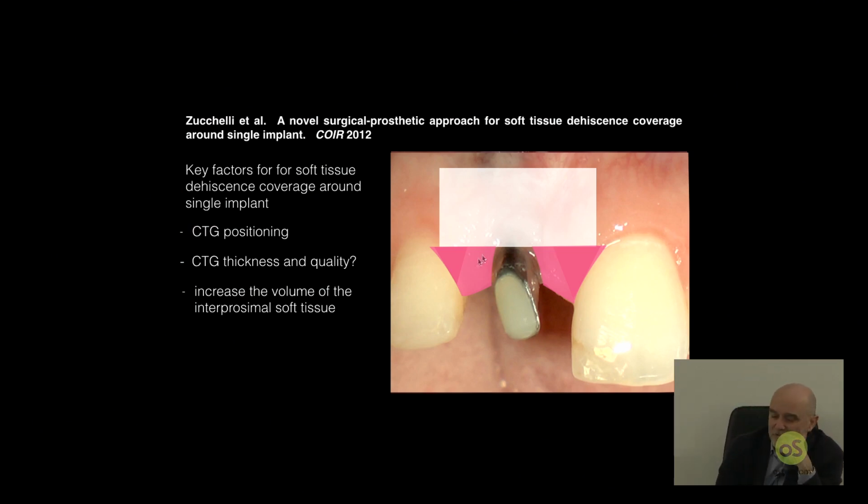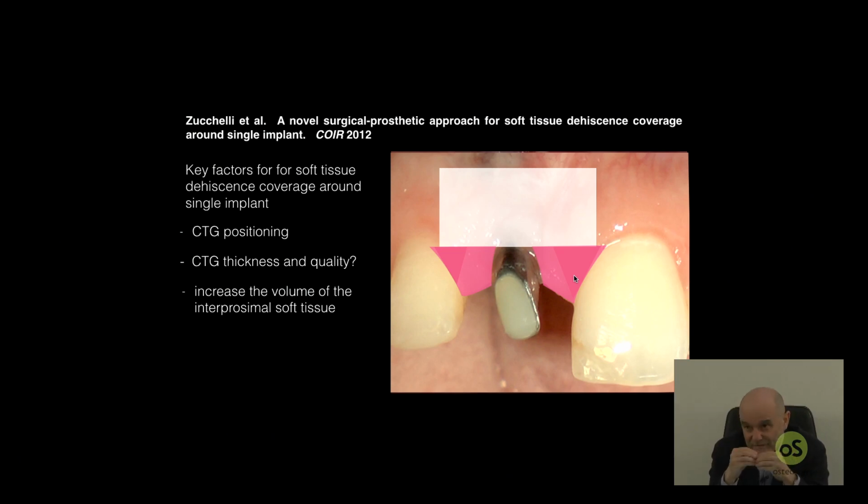And how long does it take for the soft tissue to fill this space? It takes time. And it takes time during which there should be no temporary crown interfering, so occupying the area that should be filled with the soft tissue.